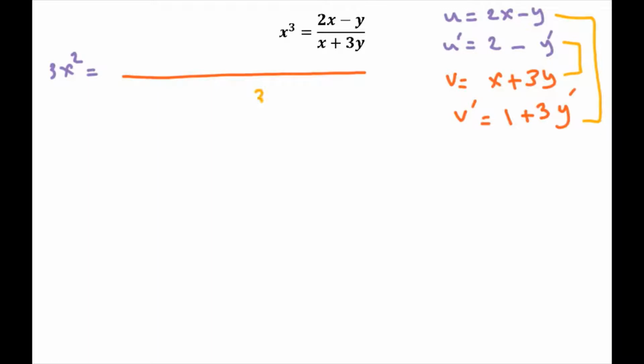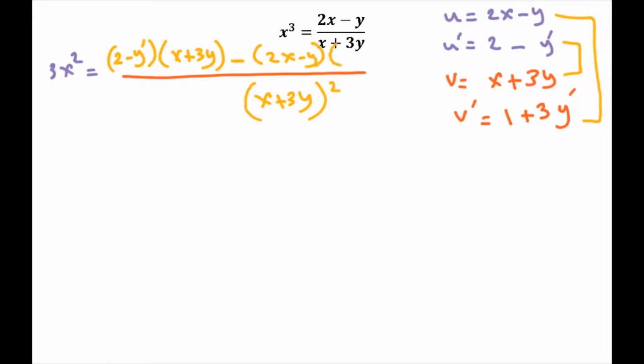So over v squared. And in the top will be 2 minus y prime multiplied by x plus 3y minus u multiplied by v prime.